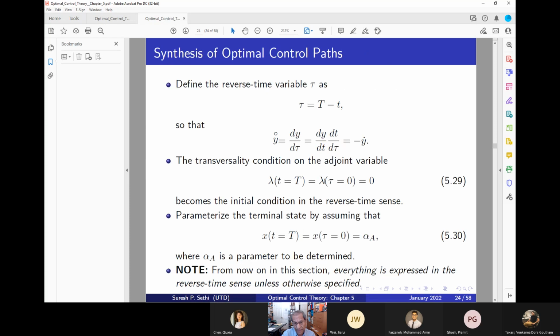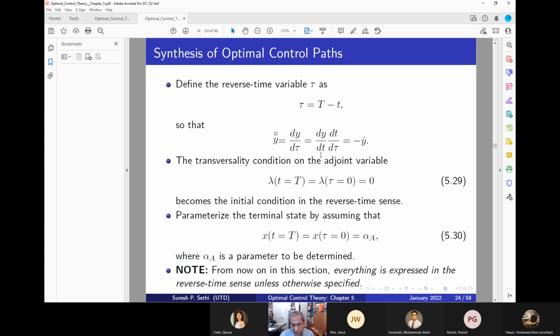And let me define a new time tau, which is nothing but T minus t. And the derivative with respect to tau, I would call it a circle. So y circle is dy/d tau, which is nothing but dy/dt times dt/d tau, but dt/d tau is minus one, so it's minus y dot.